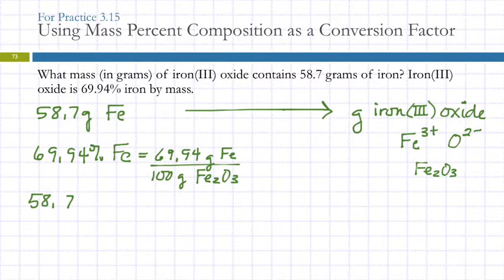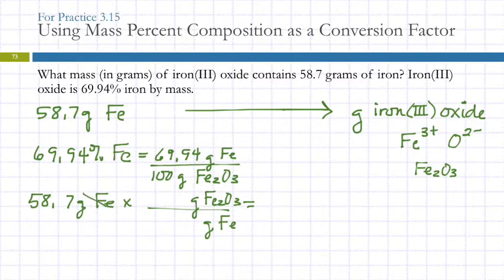So 58.7 grams of iron times 1 factor equals. We're going to have grams of the compound on top and grams of the iron on the bottom. This is where it does become important to specify grams of what. So the grams of iron are going to cancel out, giving us the mass of the compound.